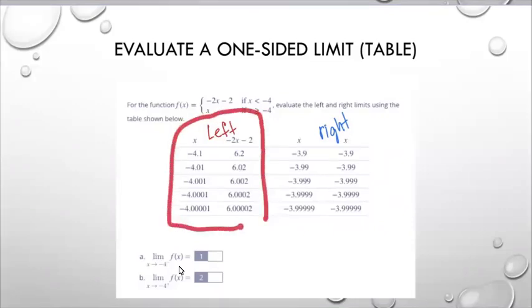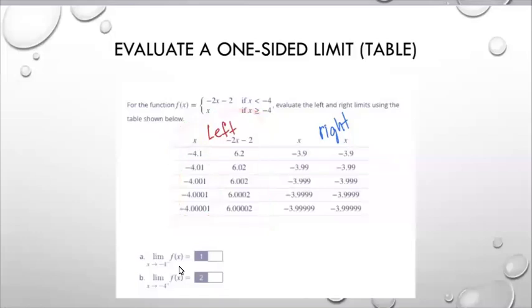This is the left. So my values are approaching -4, which is the x value that I want to approach. So as x approaches -4 from the left, remember that when you have that negative value, -4, you're approaching from this side, which is the left.